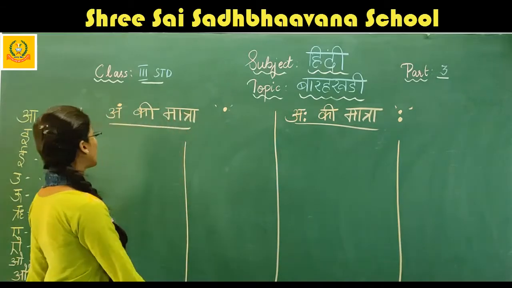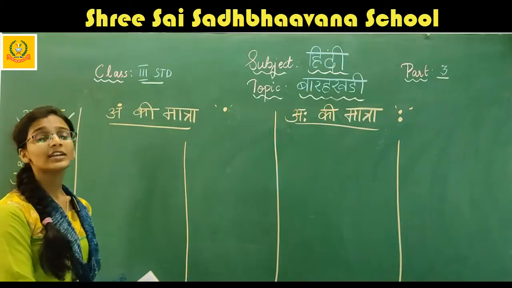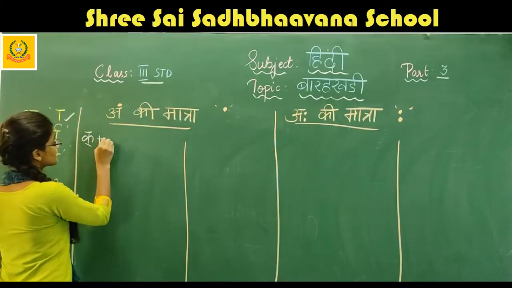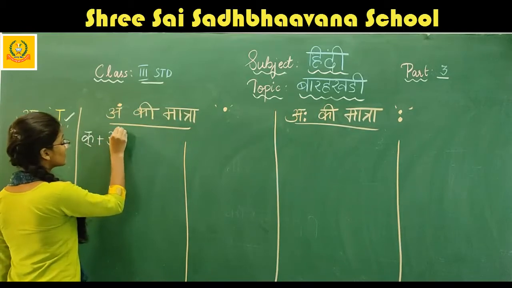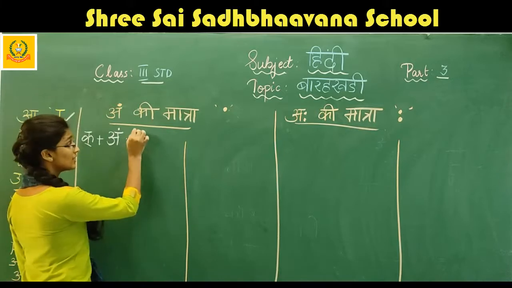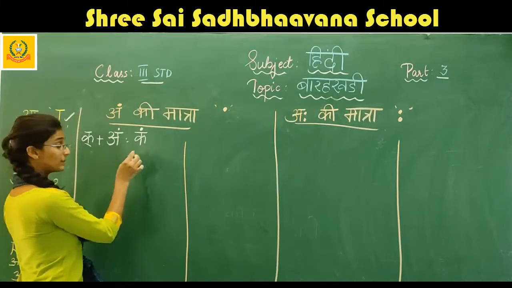First, we will write as usual. That is ka plus the matra gives you come. Where should I write the dot? Yes, on the top. Ka plus gives you come.